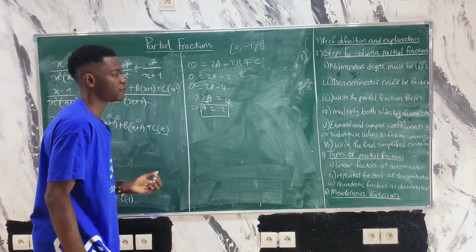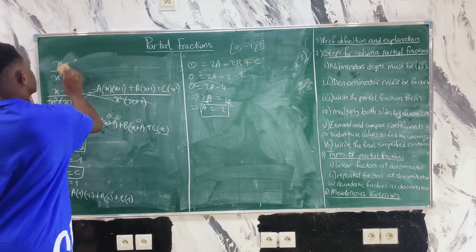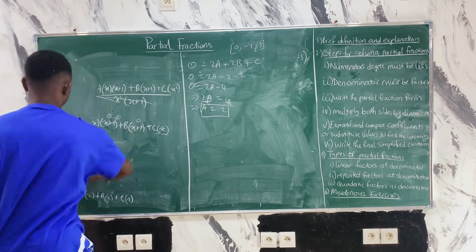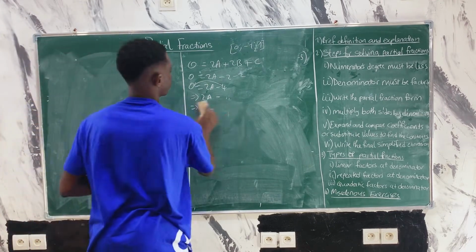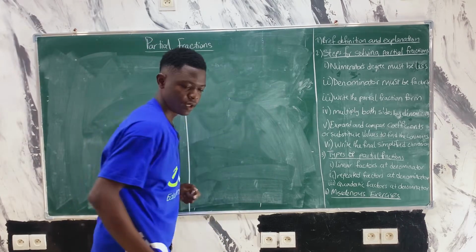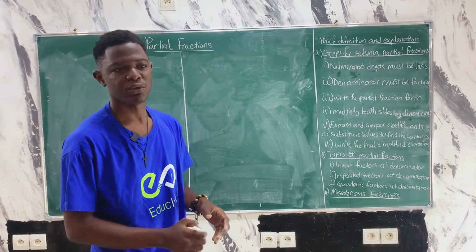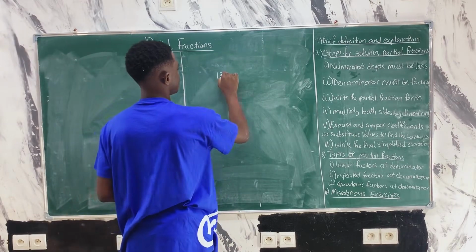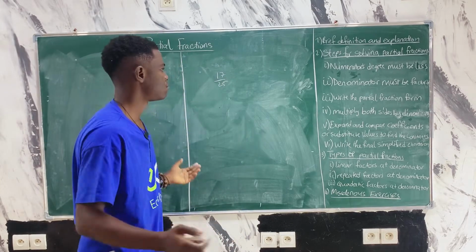So I'm going to wipe and give one exercise. In this partial fractions topic, you have to know that when you solve for the values of a, b and c, if you have values like 17 and 25, you have to check back your work.